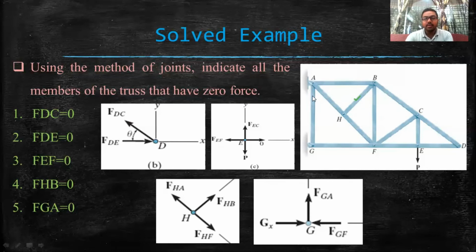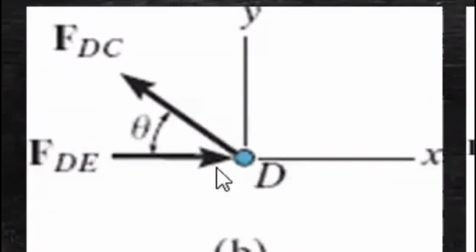Now, if we come to joint D and draw the free body diagram of joint D, we can see from this figure that at joint D there are two forces. One is FDC, that is inclined at an angle theta with the horizontal, and FDE, that is acting in the x direction.